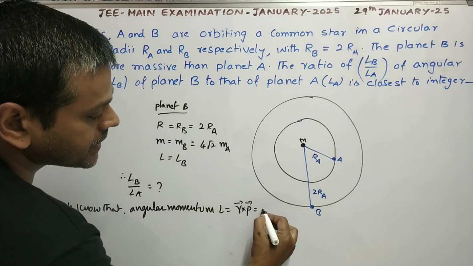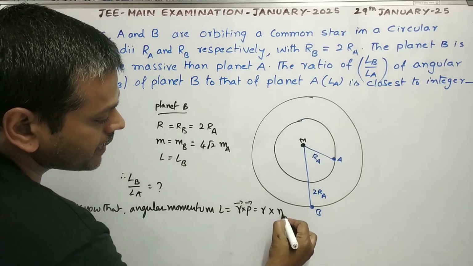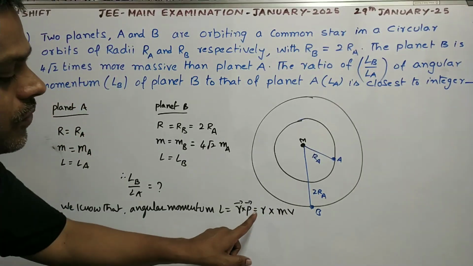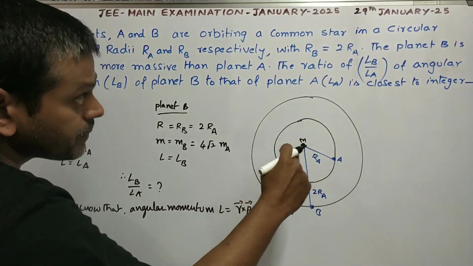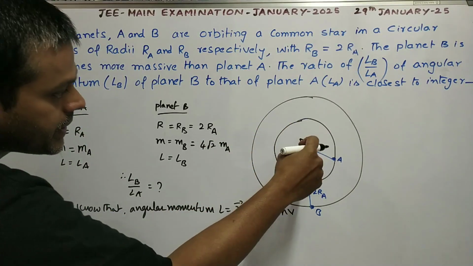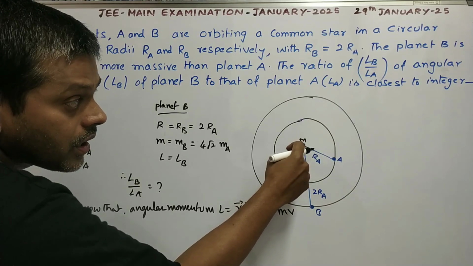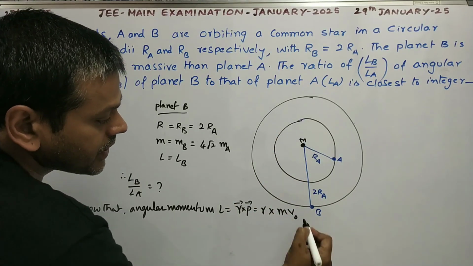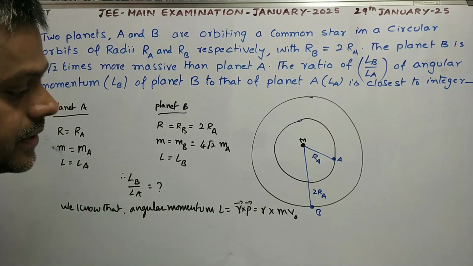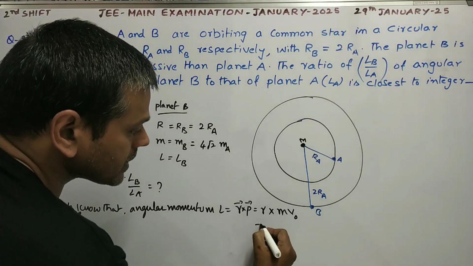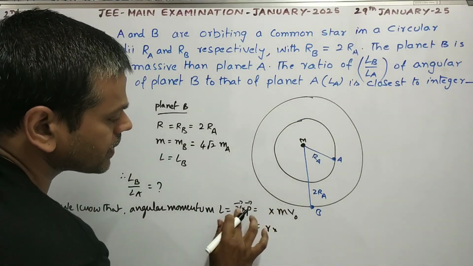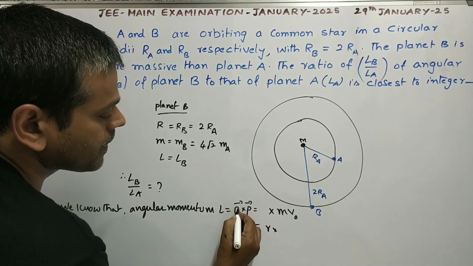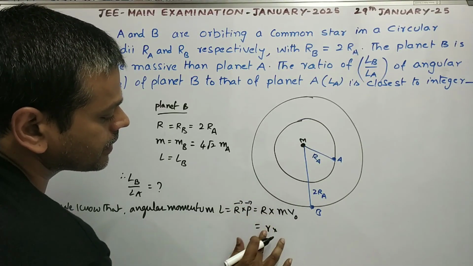It may be written simply as R into M into V, because momentum is equal to mass into velocity. Here the planets are orbiting around the common star, so their velocity is the orbiting velocity. Here R is the radius, capital R.